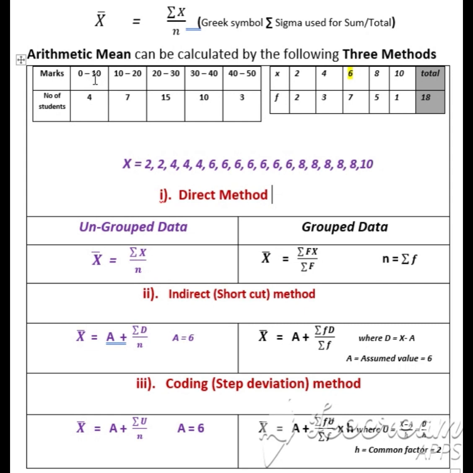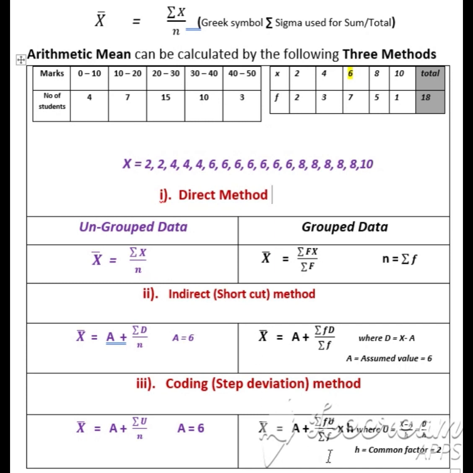Or in grouped data, you can see 10 is the difference between each class. There is a 10-number space in each class: 0 to 10, 10 to 20, 20 to 30. So each group has a difference of 10, so here h is 10. This depends upon the question. Here h is 2, here h is 10.